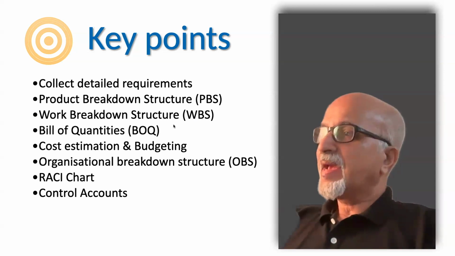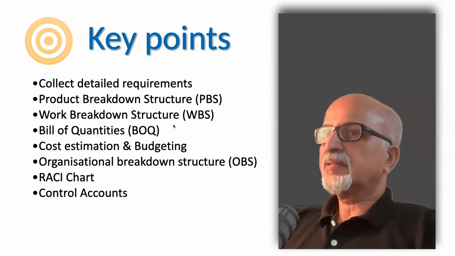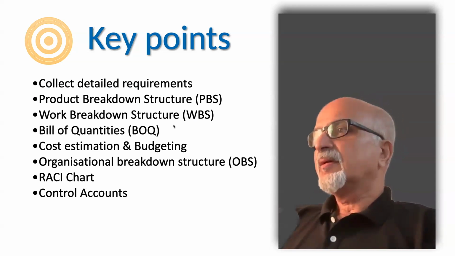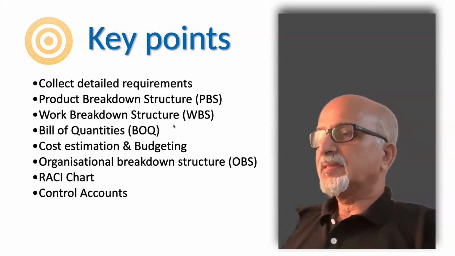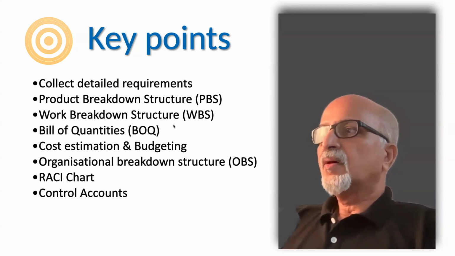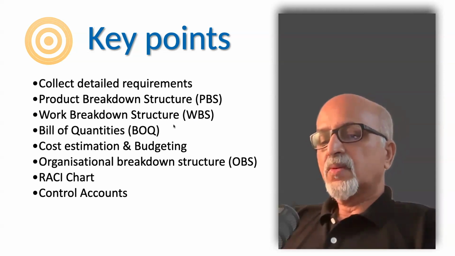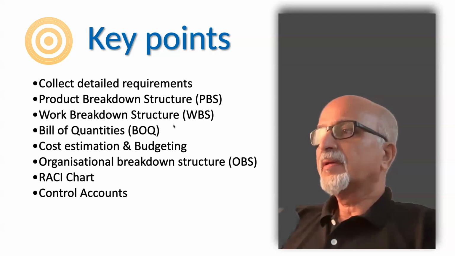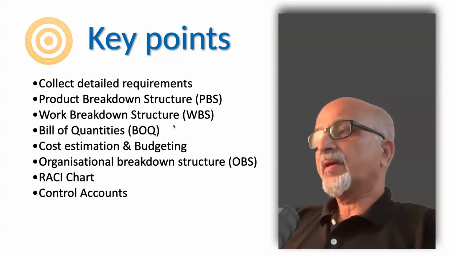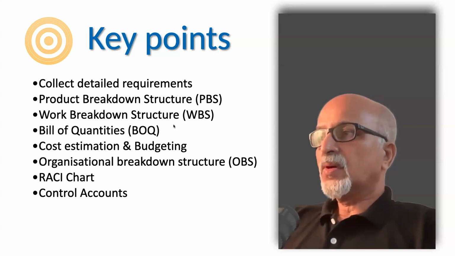And once we have the work breakdown structure and we know the activities as well, then from there we can arrive at the bill of quantities of manpower required, material required, and the equipment required. We call it the bill of quantities.